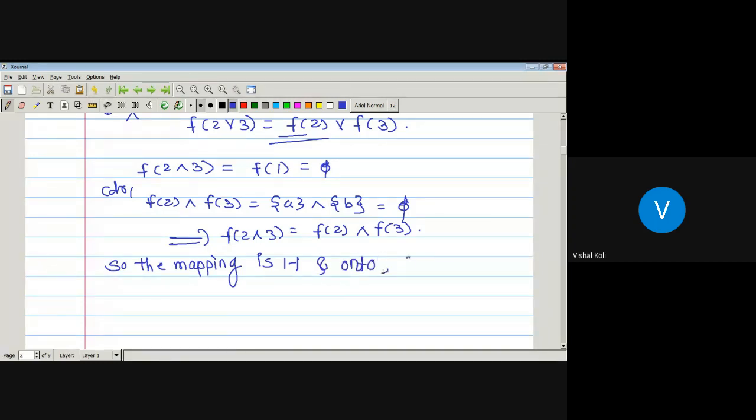So f is an isomorphic, and hence the lattices are isomorphic. Lattices are isomorphic.